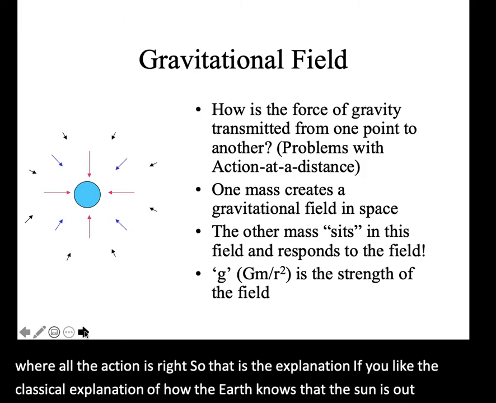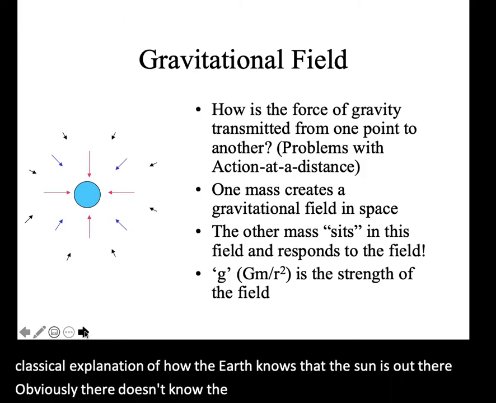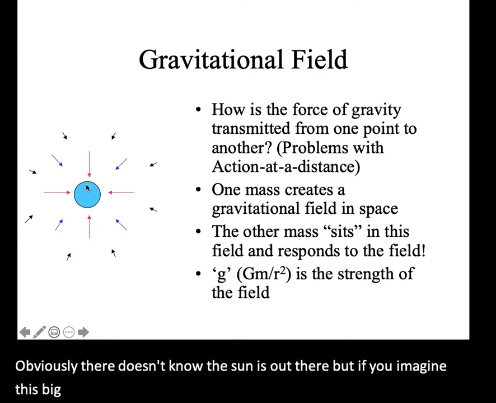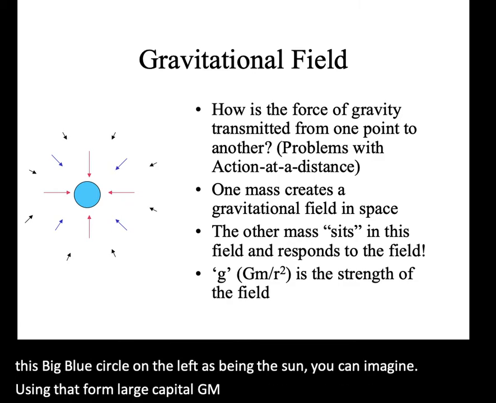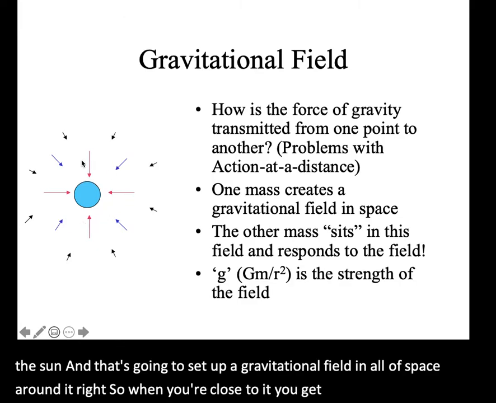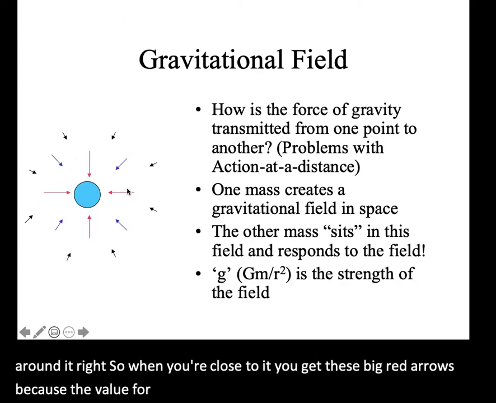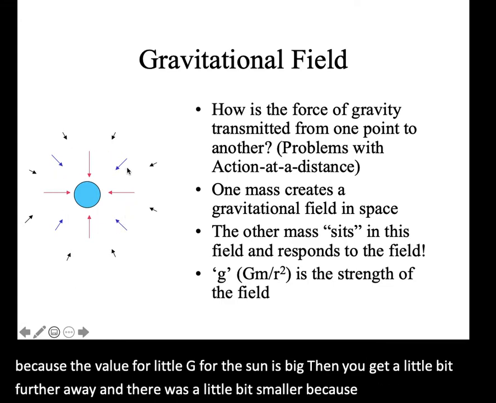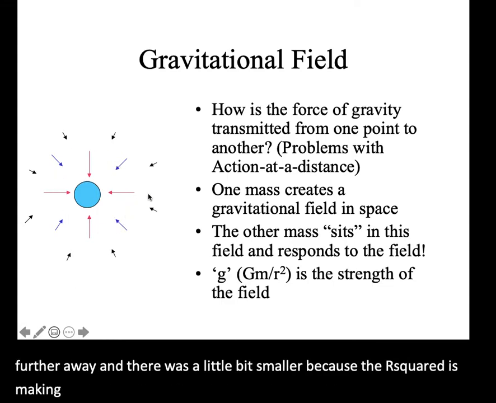Obviously, the Earth doesn't know the sun is out there, but if you imagine this big blue circle on the left as being the sun, you can imagine using that formula, capital G m over r squared, just based on the mass of the sun. That's going to set up a gravitational field in all of space around it, right? So when you're close to it, you get these big red arrows because the value for little g for the sun is big. Then you get a little bit further away, and the arrows are a little bit smaller because the r squared is making it a smaller and smaller value, and so on and so forth.